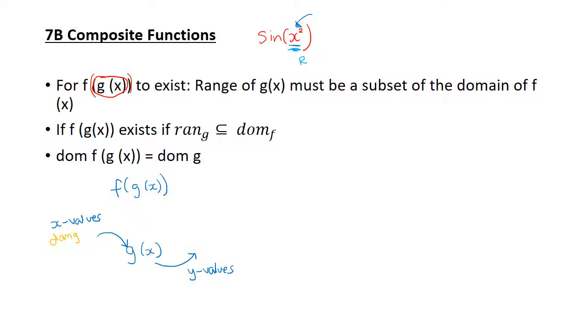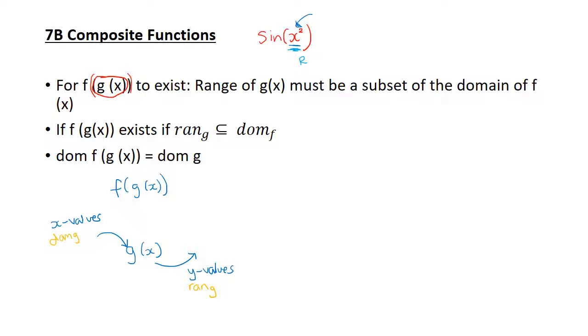So the possible values that can come out of my inside function are the range, because the range tells us the possible y values, the possible outputs. The inputs to my inside function are the domain, and the outputs of my inside function are the range.